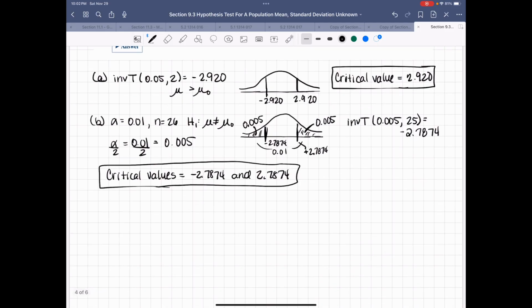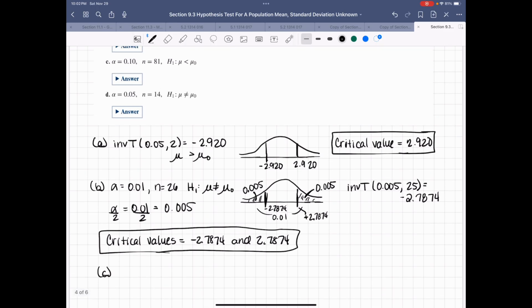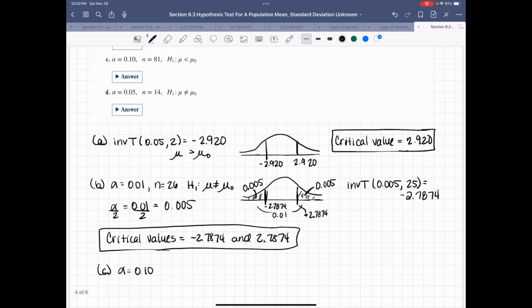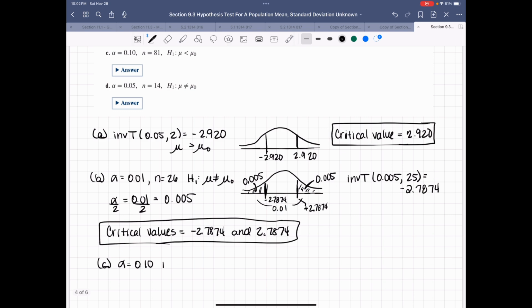Okay, C has alpha equals 0.10. And what else do I have? N equals 81. And our alternate hypothesis is that mu is less than the null hypothesis.